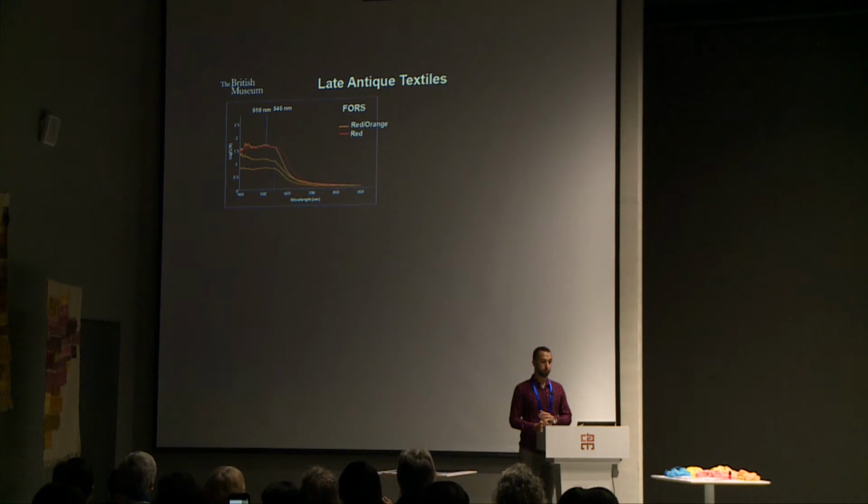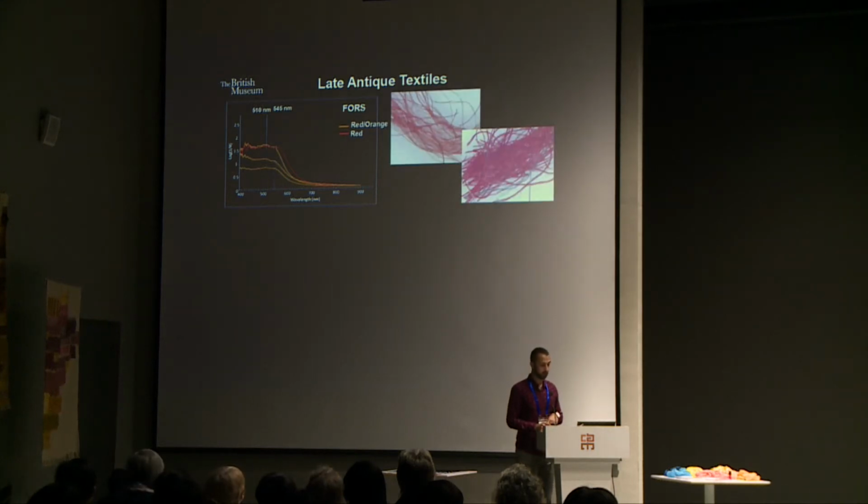And so we used fiber optic reflectance spectroscopy, which is another non-invasive technique which uses just the reflected light to produce fingerprint spectra. And you can see here, these are all spectra pointing towards the presence of a plant-based red dye. And so all the red areas in the sock were likely to be dyed with madder in this case.